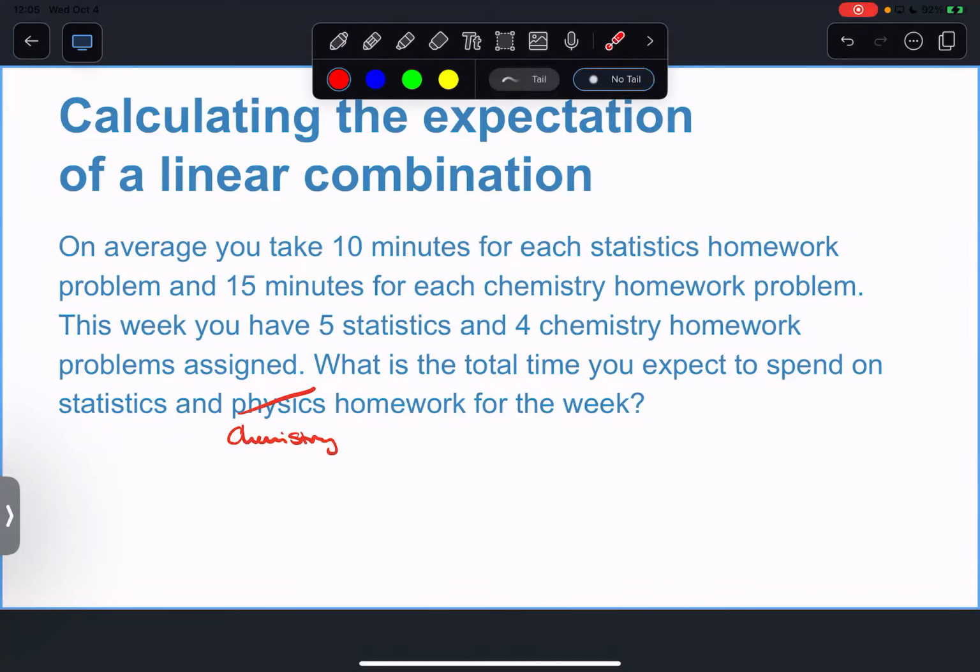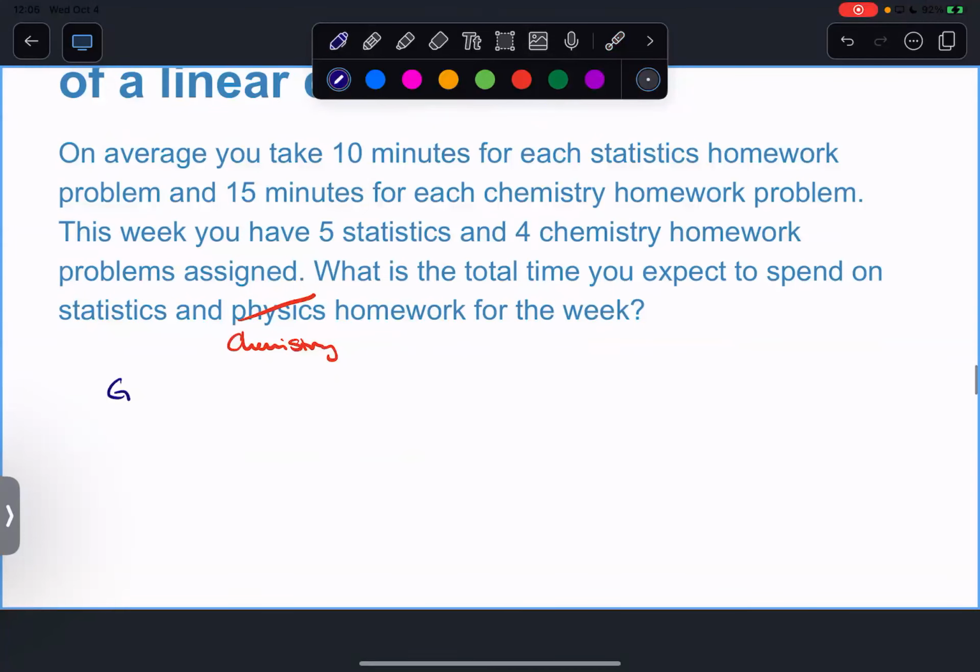Okay, good. So now, right, what are we given? We're given the expected time spent on each stats question and the expected time spent on each chemistry question. I'm hesitating because I should really define X and Y first.